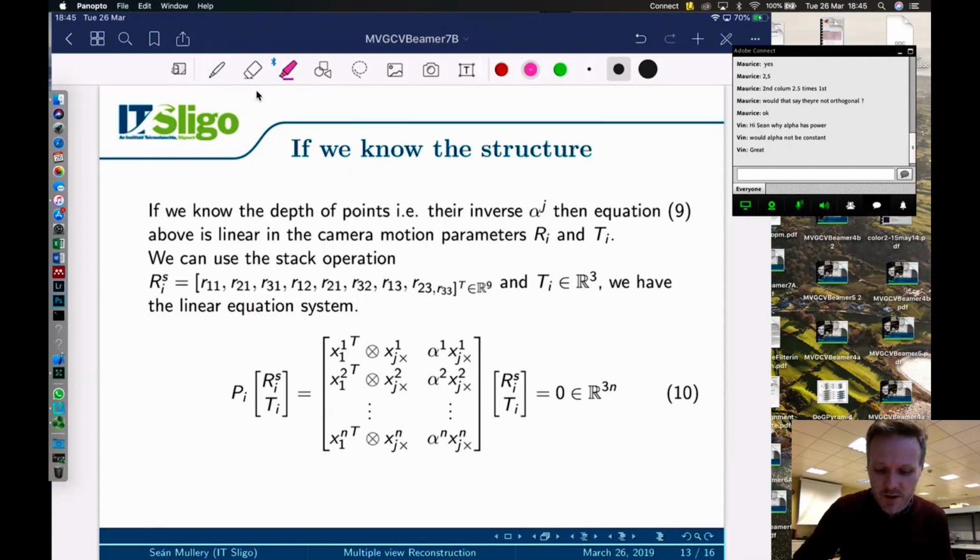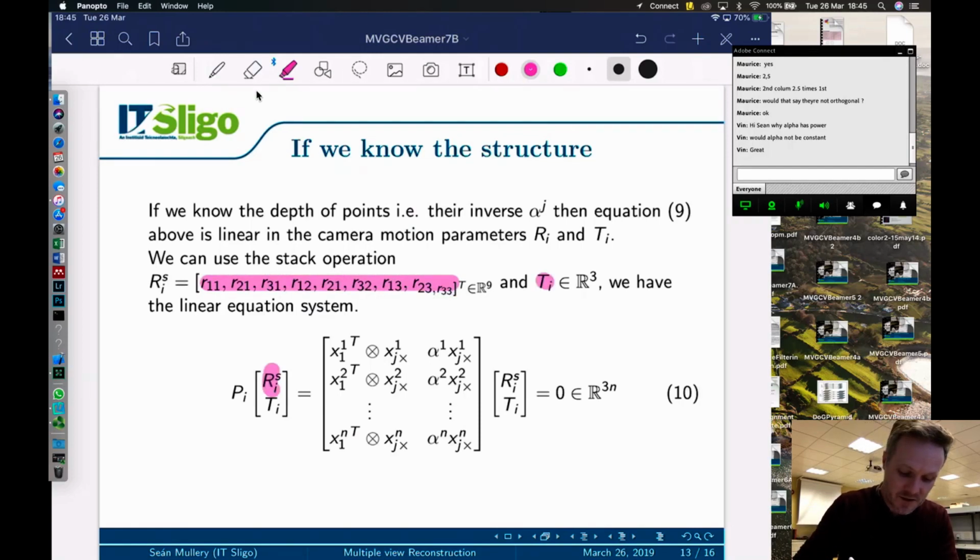So if we already know something about the structure, then we know something about alpha j from that. The equation above is then linear in the camera motion parameters Ri and Ti, and what we can do is very similar to what we did previously. We can stack our rotation as if it was all one big long vector, and our translation is just 3 of them.